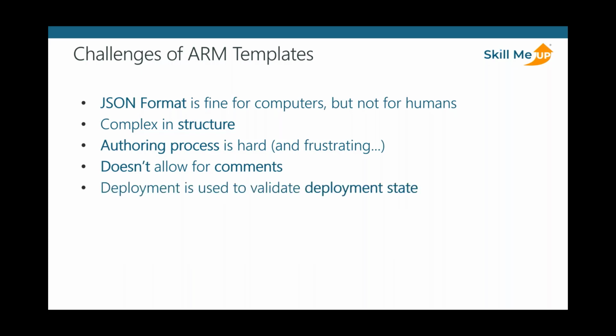Another challenge is that you can have your JSON file, you can have your ARM template, but the deployment itself is only using the deployment state to find out if it's successful or not. So there's no real validation before, besides the syntax, like what I showed you in Visual Studio Code. It's going to recognize the JSON format, and if there's a syntax error specific to JSON, it's going to read it out.